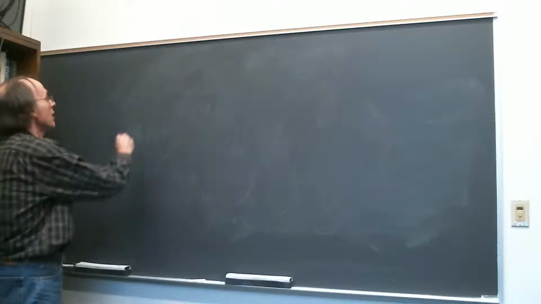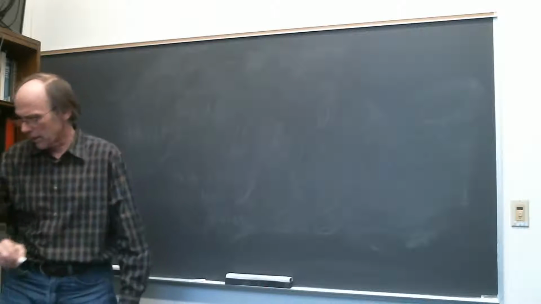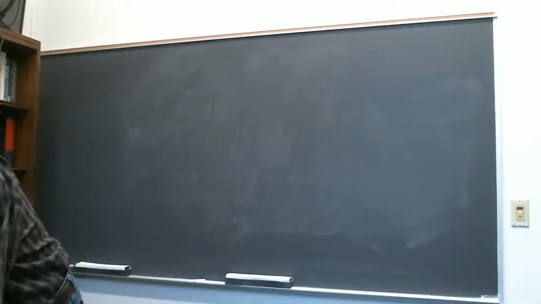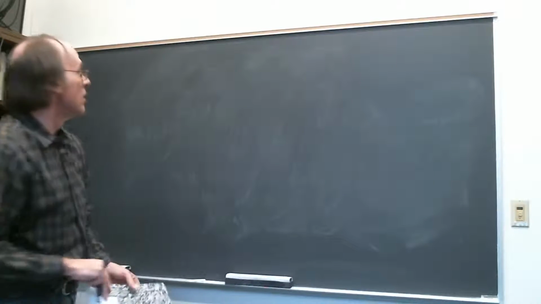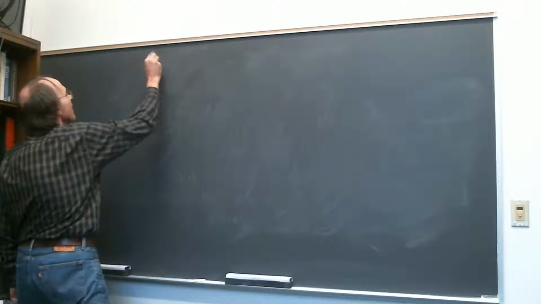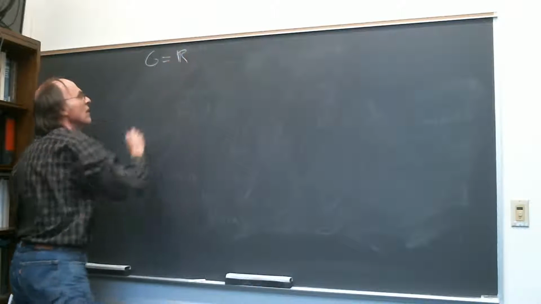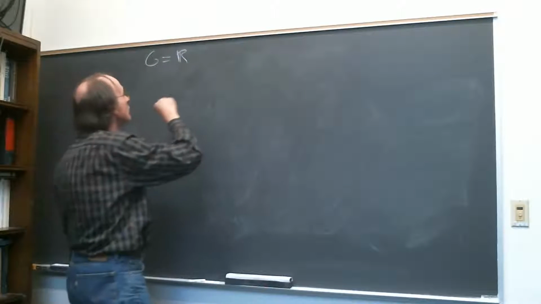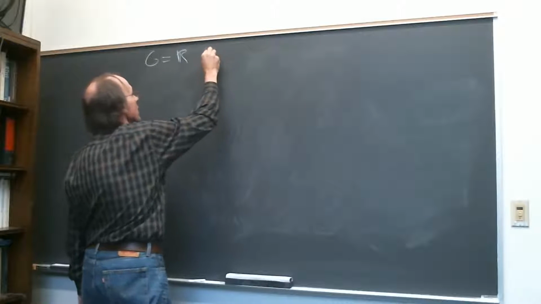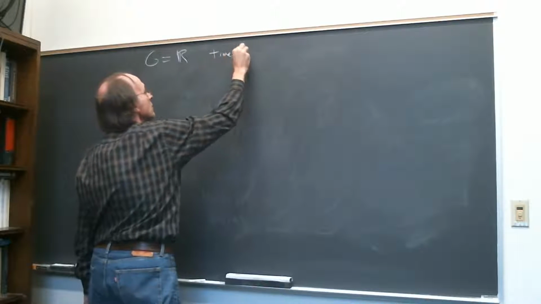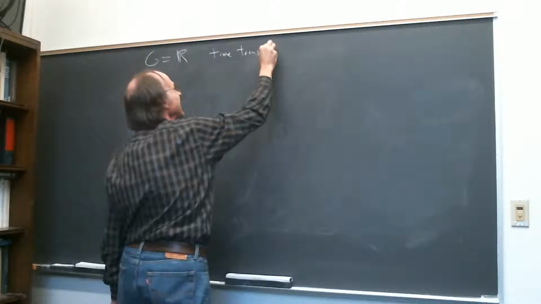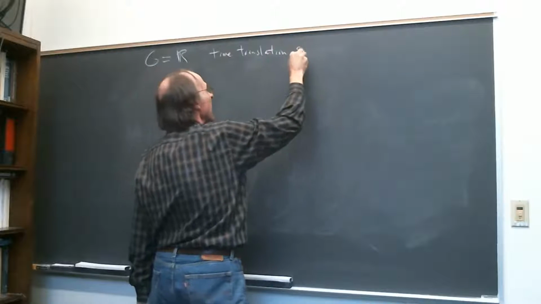The first one, which I started talking about last time, was the Hamiltonian. So G is equal to R, which is the time translations symmetry.